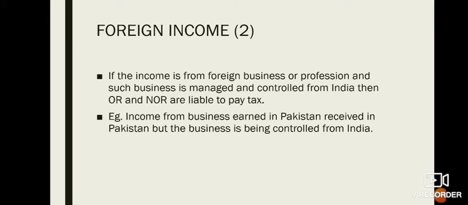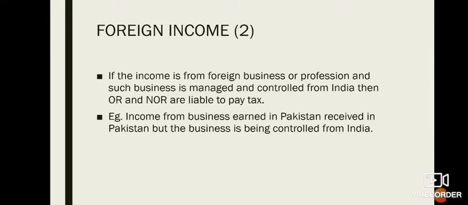This is also a foreign income wherein the source belongs to a foreign country, maybe the receipt belongs to the foreign country, but the business or profession which is situated in the foreign country is managed from India, is controlled from India. Only in that situation it is taxable in two hands, that is, ordinarily resident has to pay tax and also not ordinarily resident has to pay tax on foreign income part 2.